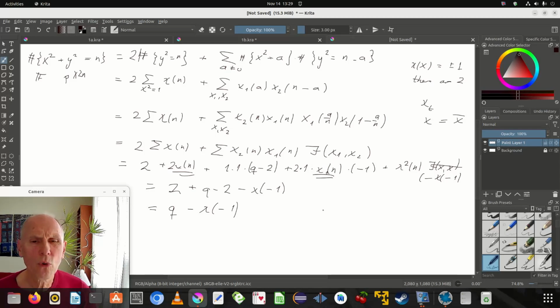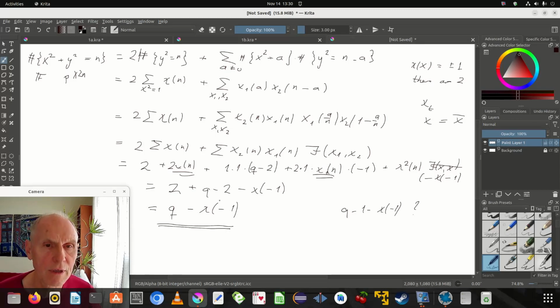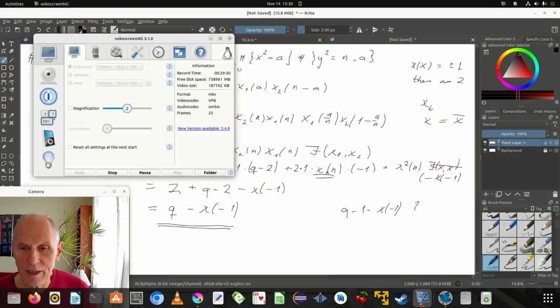I actually thought the right result was chi of minus 1 minus chi of minus 1. I'm not sure about that though. I'm not quite sure about the result. I'll just make a break and check that.